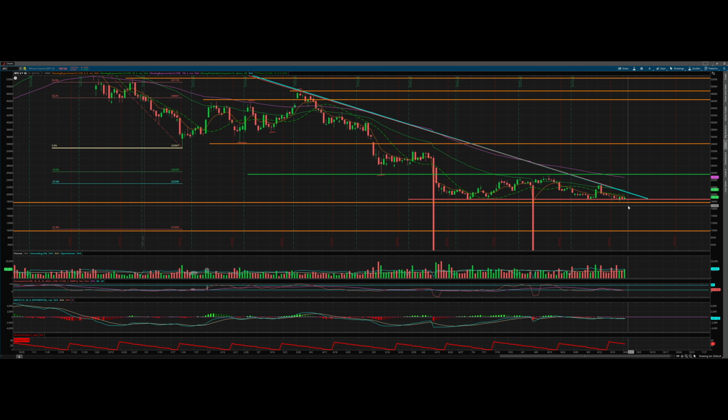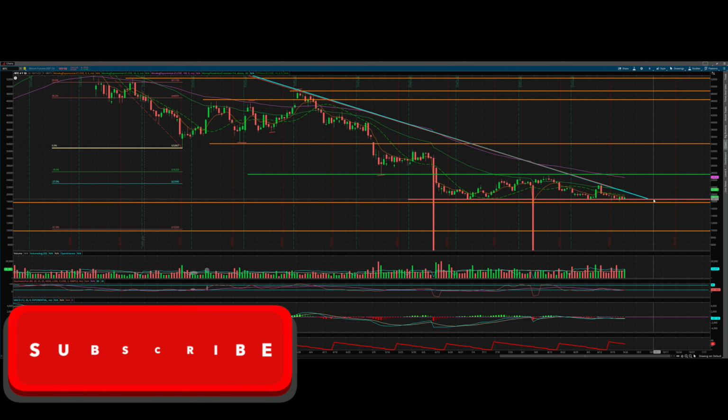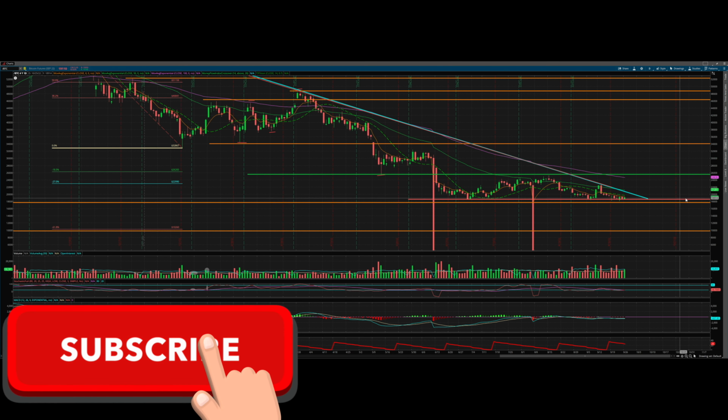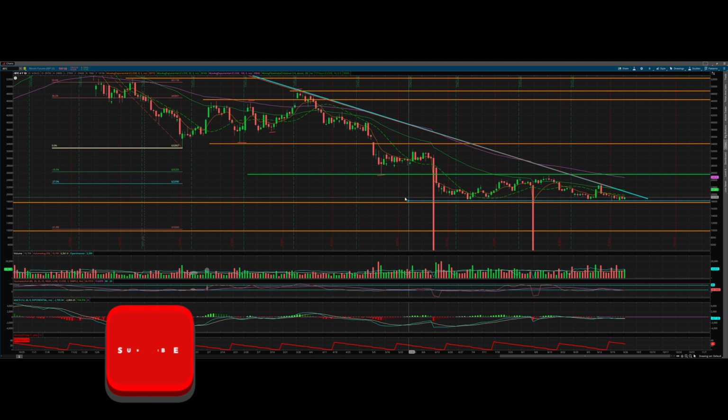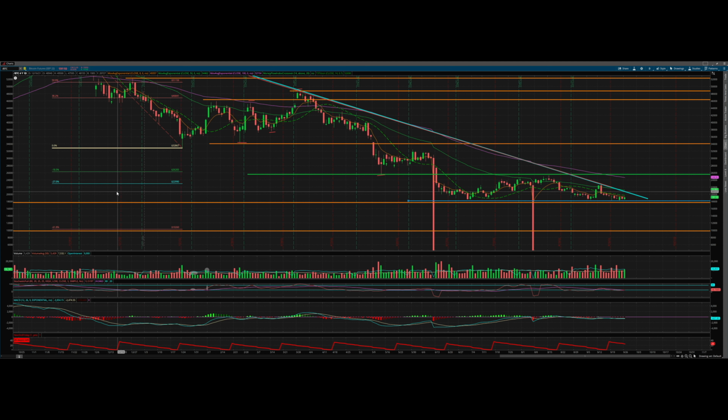So what we're looking at, if you can imagine that trend line coming down here, and then this price line here, which I'm using for a consolidation channel. If you imagine that goes all the way out, we can see how price has now been coming down and consolidating, right?